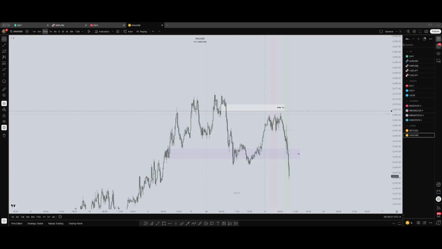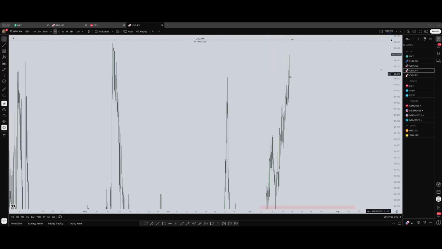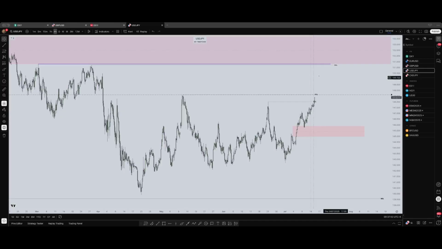And also I have a trade opened in USD JPY. As I shared with you in my analysis, I really like this purple line, which is this high and this high, making kind of equal highs almost here and here.